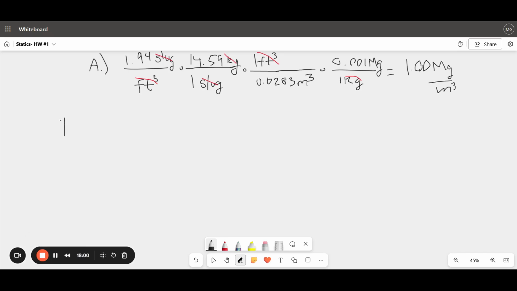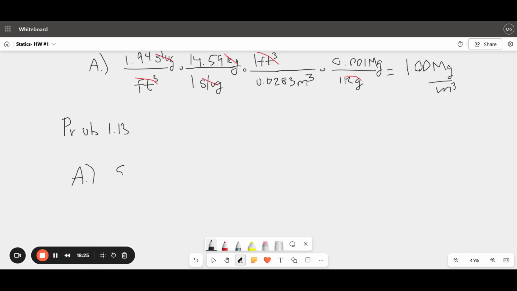Okay, I'm going to jump into problem 1.13. And I only got one part for this problem as well, so it's going to be called part A, but it's just going to be like one problem in there.